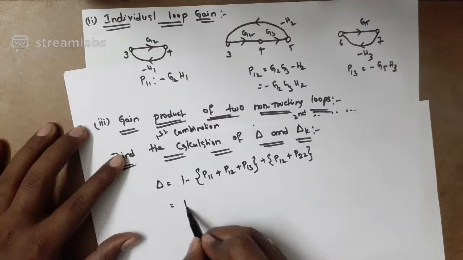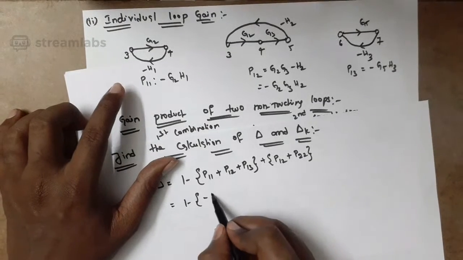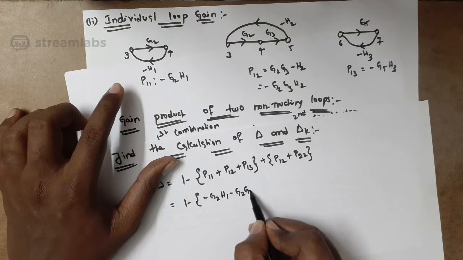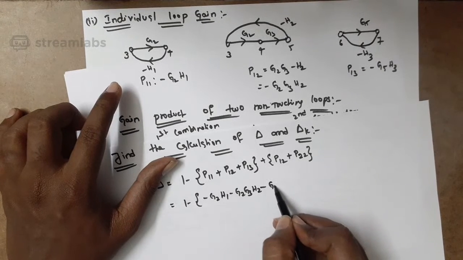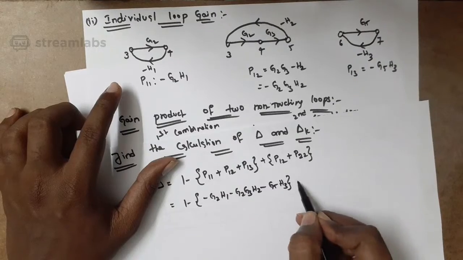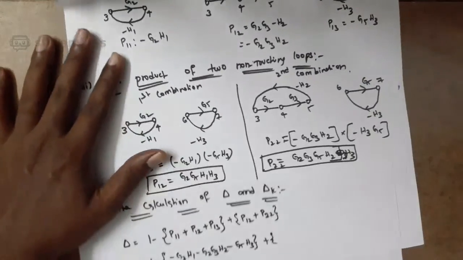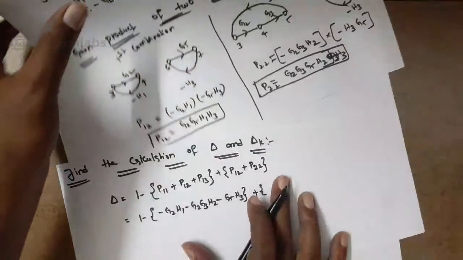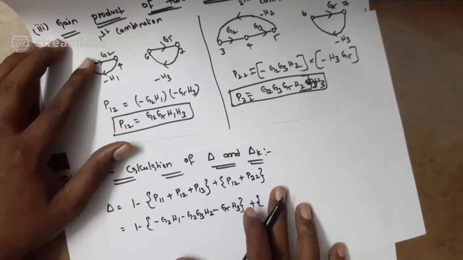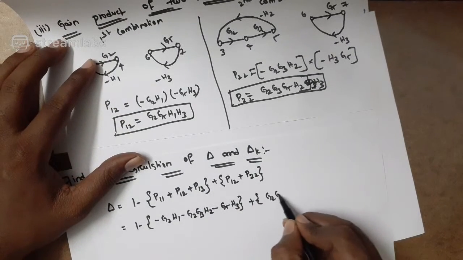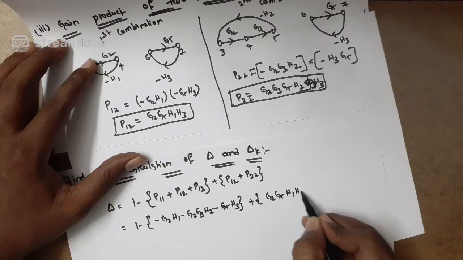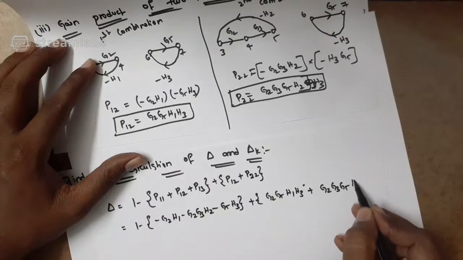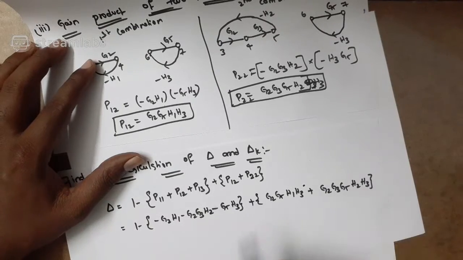So 1 minus P11, equal to minus G2H1, P12 minus G2G3H2 minus G5H3 plus, what is the sum of the two non-touching loops? P12 is equal to, see here, P22 is equal to G2G5H1H3 plus G2G3G5H2H3.